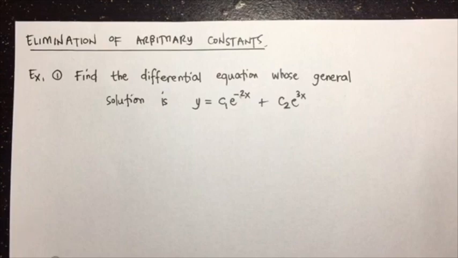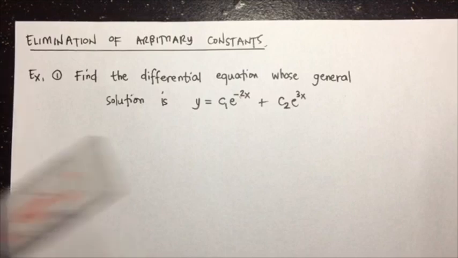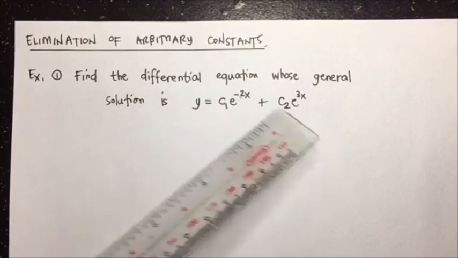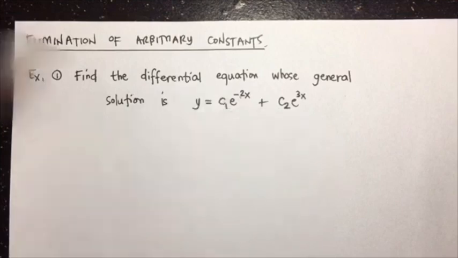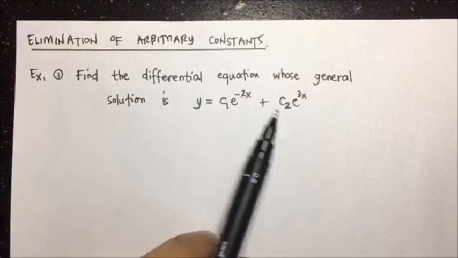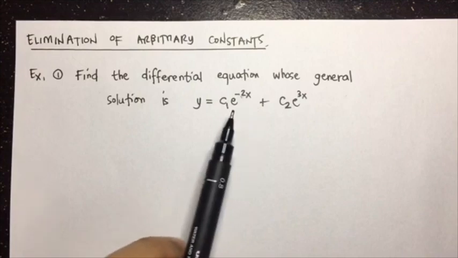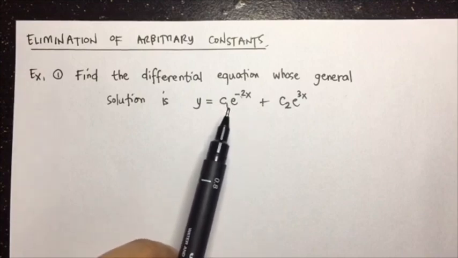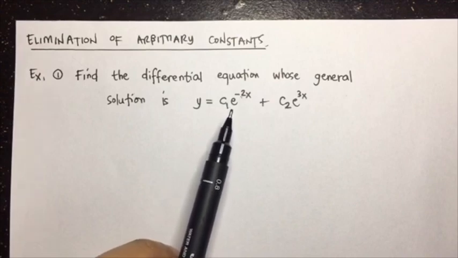As we have discussed earlier, when finding the solution of differential equations, we obtain arbitrary constants in the solution. The number of arbitrary constants depends upon the highest order of the derivative appearing in the original differential equation.